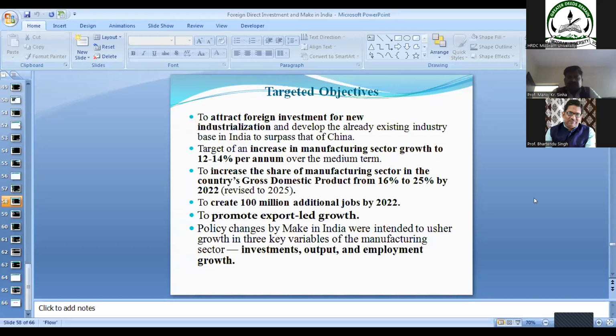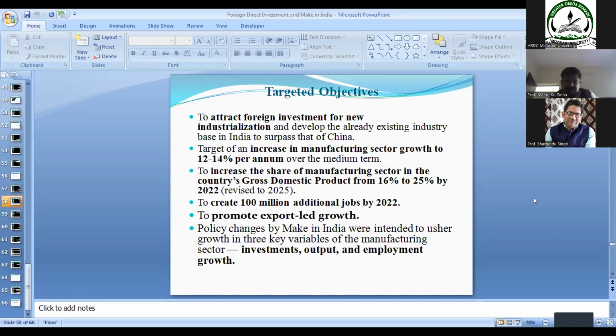Make in India policy: in the Make in India policy, we have certain targets. The target is to increase manufacturing sector growth to between 12 and 14% per annum, increase the share of the manufacturing sector in our GDP from 16% to 25%, and create 100 million additional jobs by 2022, which was later extended to 2025.